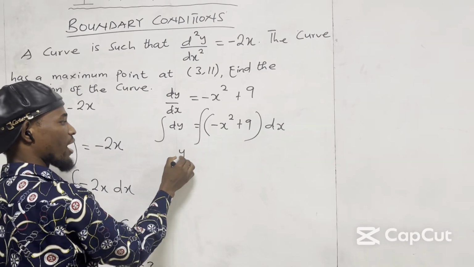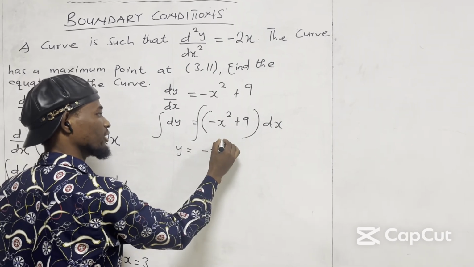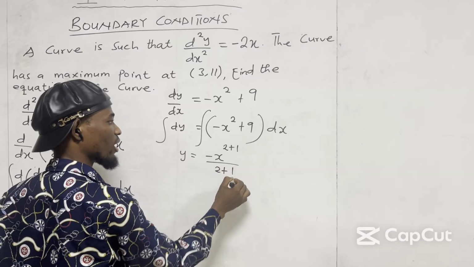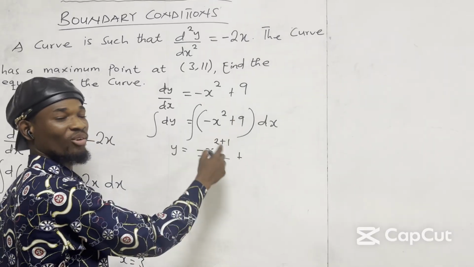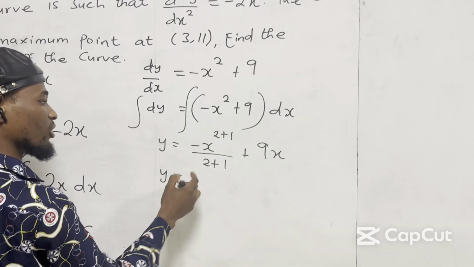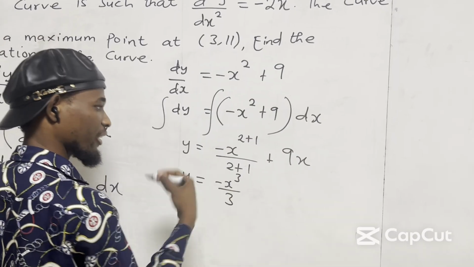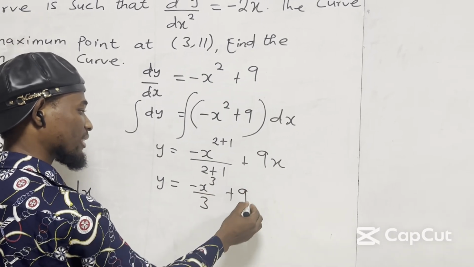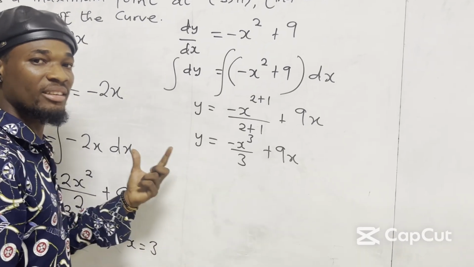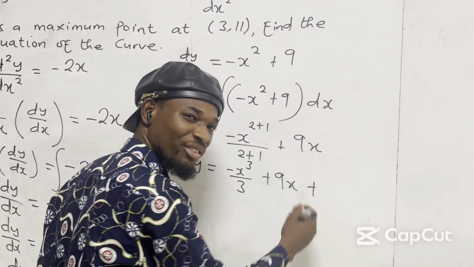So I have y is equal to, integrate this, you have negative x to the power 2 plus 1 over 2 plus 1. Then when you integrate a constant, you get 9x. So I have y is equal to negative x cubed over 3, plus 9x. Because this is an indefinite integration, you add a constant of integration.